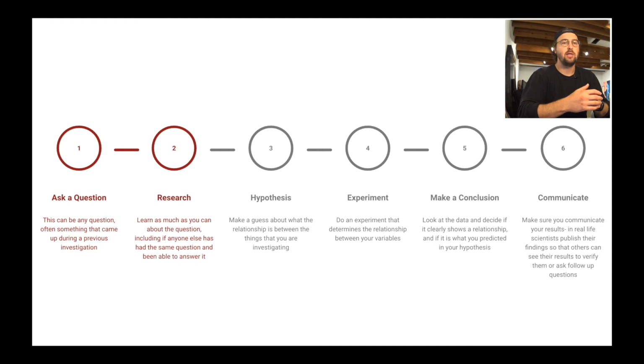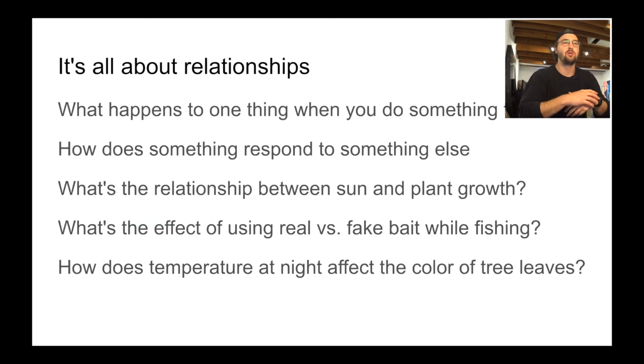So let's take the example that I have on this previous slide about the effect of using real versus fake bait while fishing. This is a question that I could look up online and find tons of information for, but it's the kind of experiment that would be fun to do on my own because I'd be going out and doing something I really like doing, which is fishing.